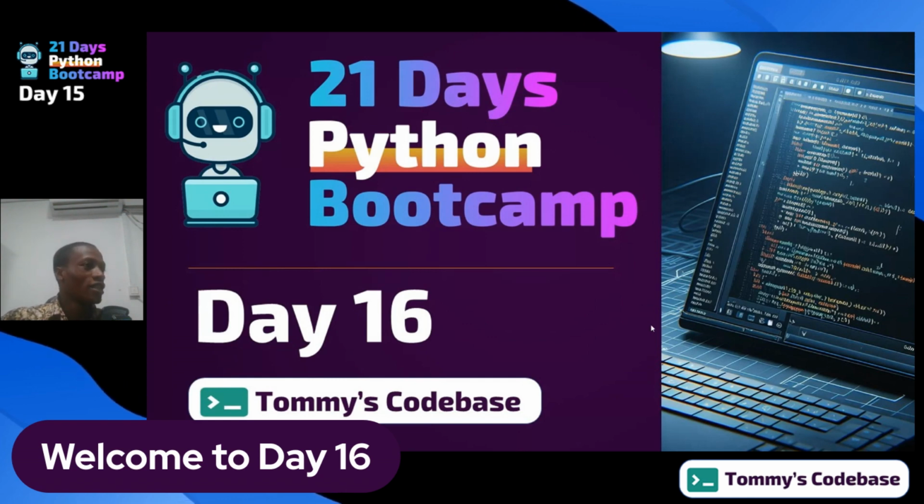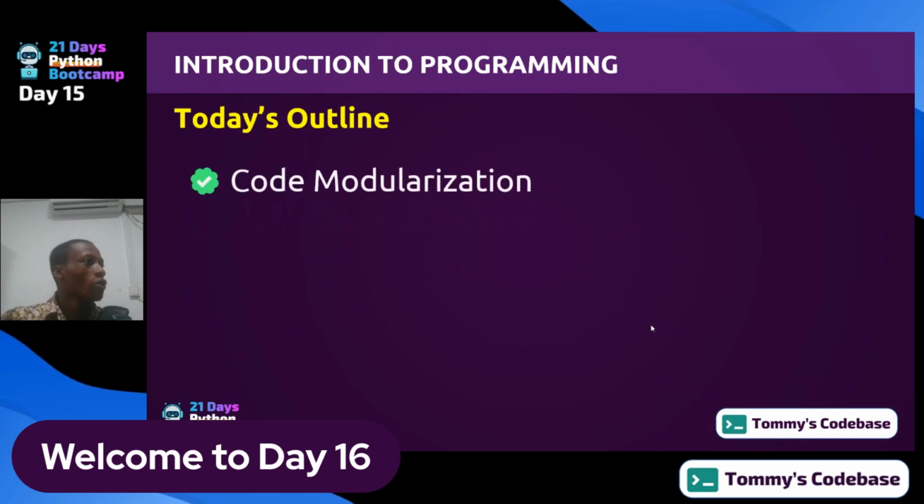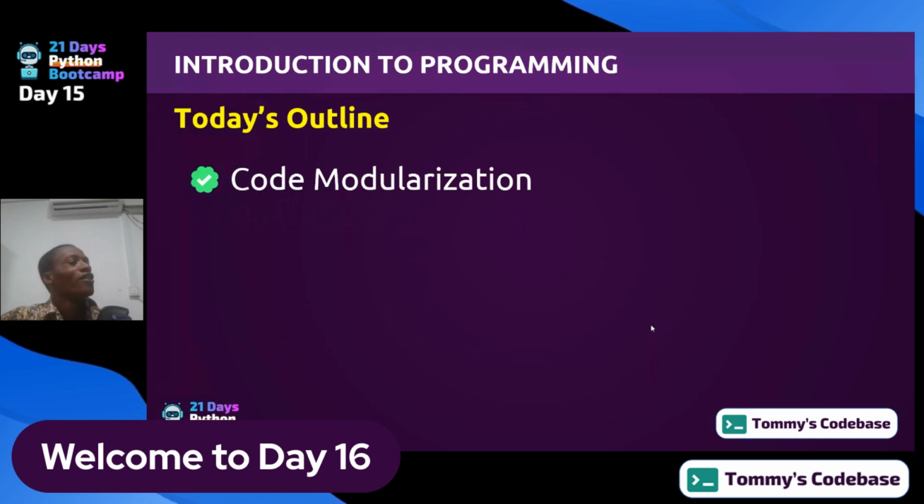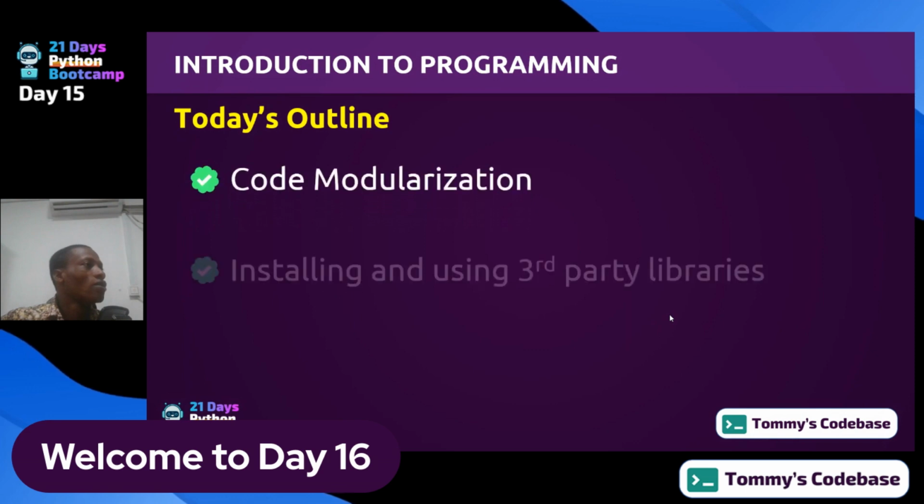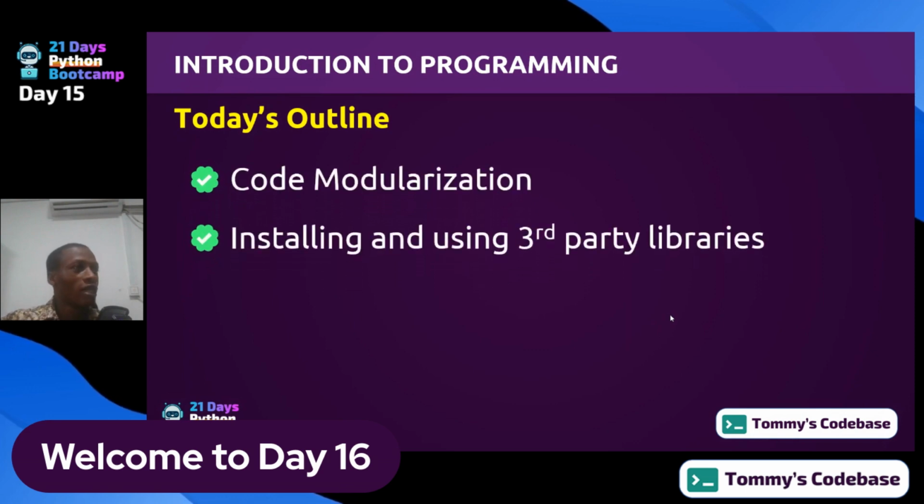So let's quickly take a look at what we'll be doing for today. Today, we will look at code modularization, quite a big word, maybe, and then we will take a look at installing and using third-party libraries.